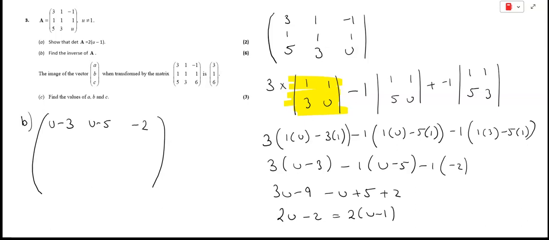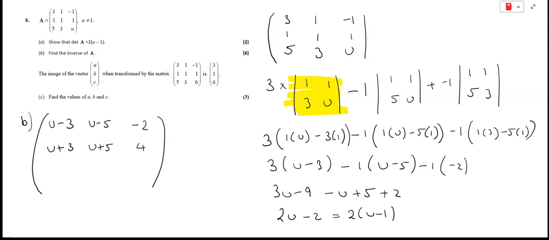And now if I do the 1, cross out middle row, cross out the first column, and that's going to be u plus 3, the determinant of what's left. Then cross out the middle row, middle column, that's going to be u plus 5. Cross out the last row, middle column, middle row, last column, and you get 9 minus 5, which is 4.